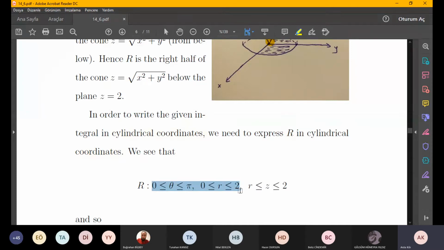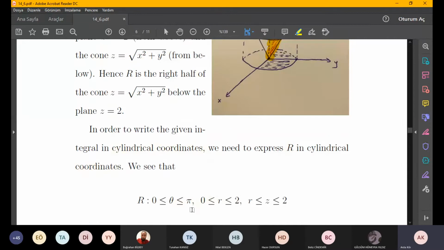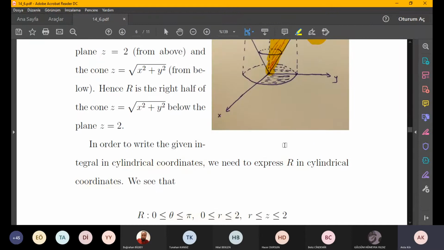So r will be in between 0 and 2, and theta is in between 0 and pi.